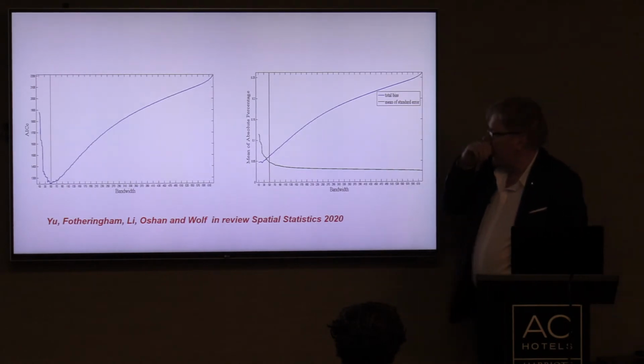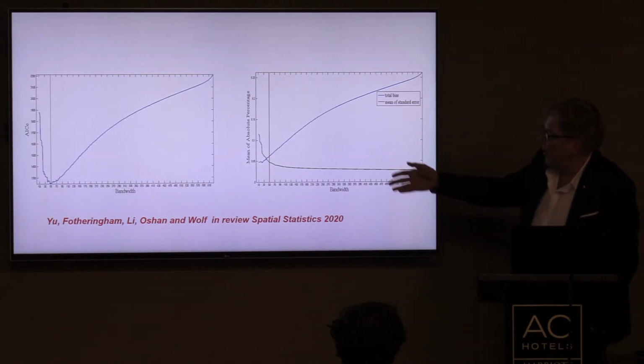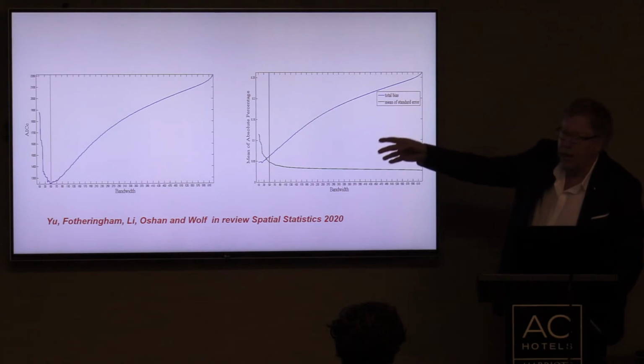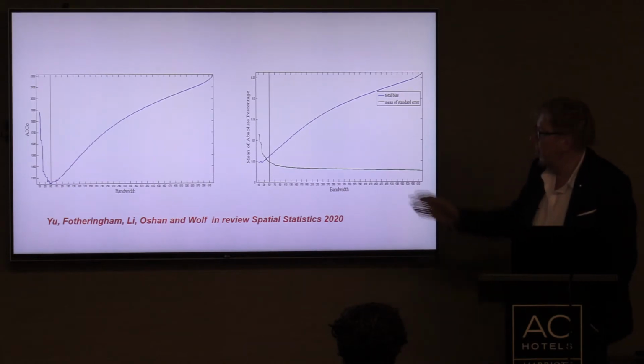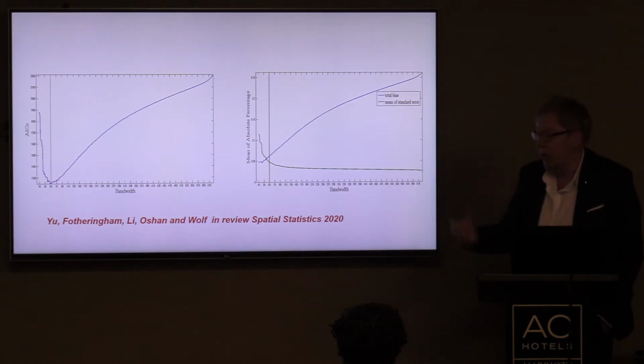This is from a simulated data set to show you what happens. On the left-hand side is the AIC plot as we change the bandwidth for a simulated data set, and you see this nice minimum value. So that's our optimal bandwidth there. And here, with the same data set, since we've simulated it, we can actually measure the amount of bias when we change the bandwidth, which is the blue line, and the amount of variance in the parameter estimates, which is the green line.